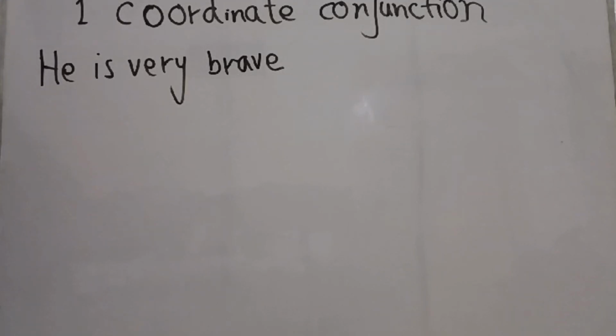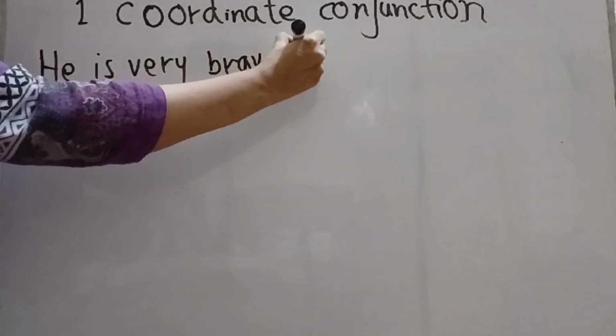And coordinate conjunctions are used when two independent clauses join together.